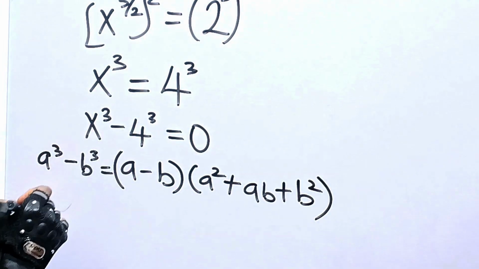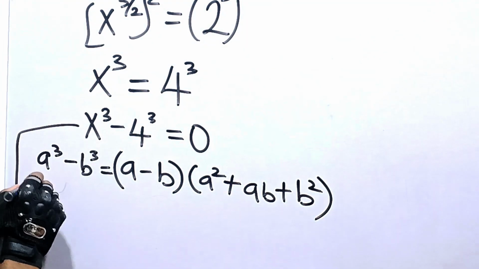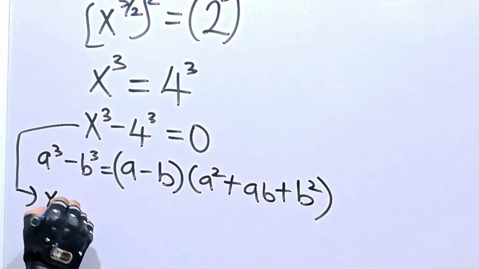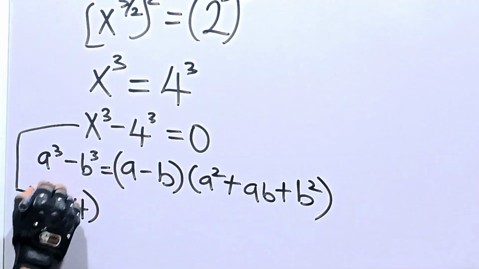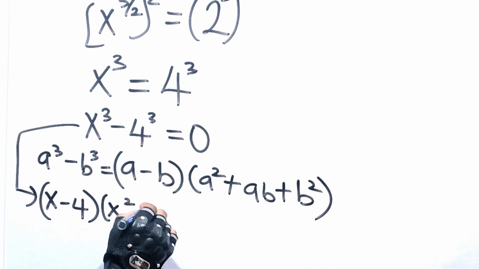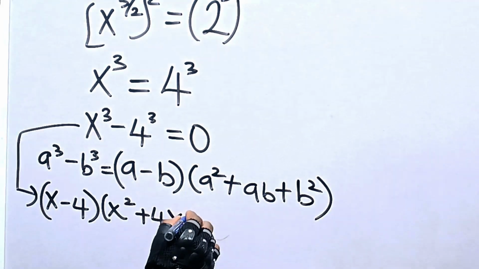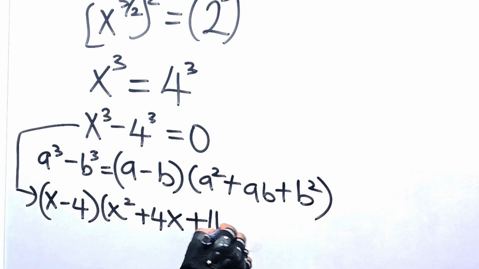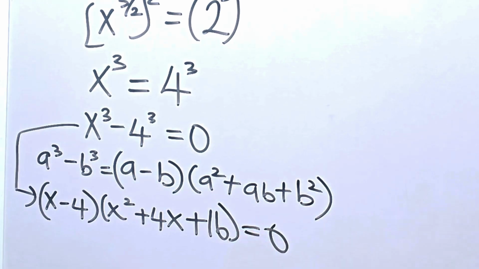Applying the same law for this problem, this becomes x minus 4 multiplied by x squared plus 4x plus 4 squared, which is 16, to be equal to 0.